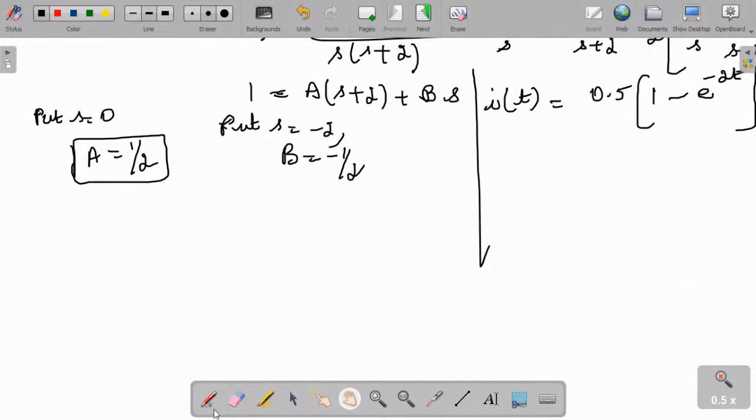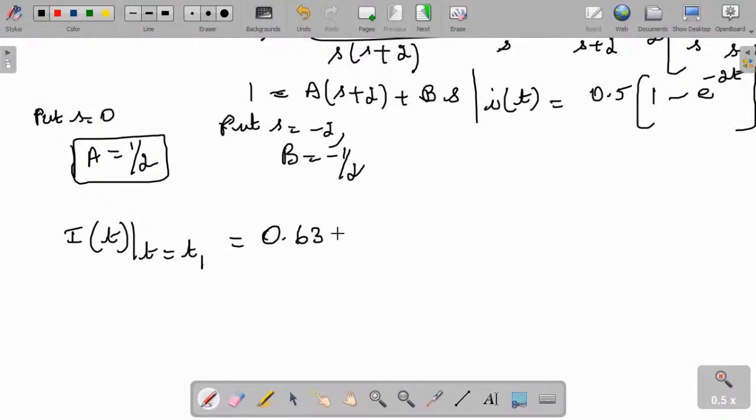We have to find I of t at a particular time t1. This t1 is what we have to find, which is 0.63 times my final value. In the general format, you get I of infinity as 0.5. So it will be 0.63 into 0.5.